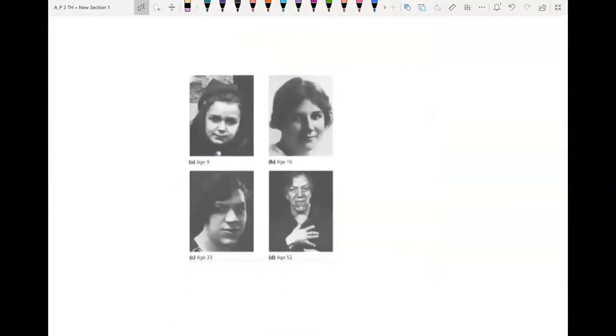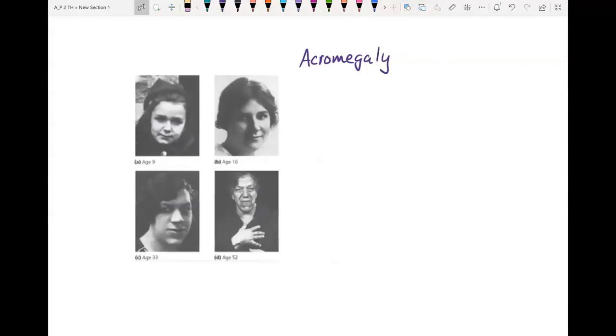Another situation that can happen with growth hormone is acromegaly. This is also an extreme of too much growth hormone. The difference here between this and gigantism is that it occurs as an adult after puberty is over.